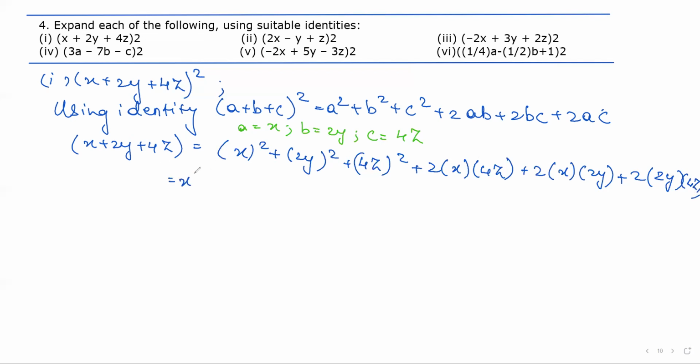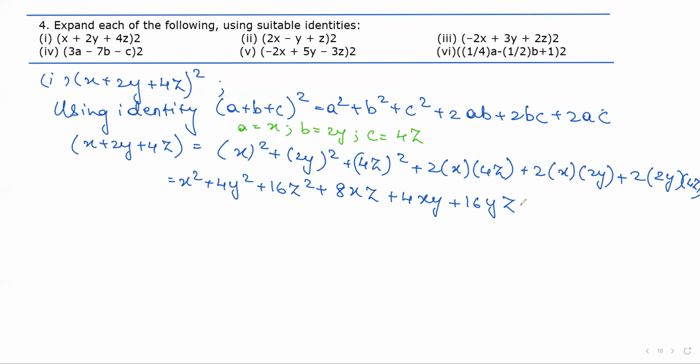This is equals to x square plus 4y square plus 16z square plus 8xz plus 4xy plus 16yz. So that's your final answer.